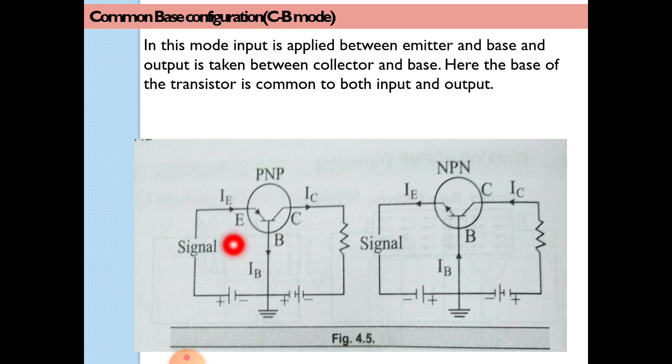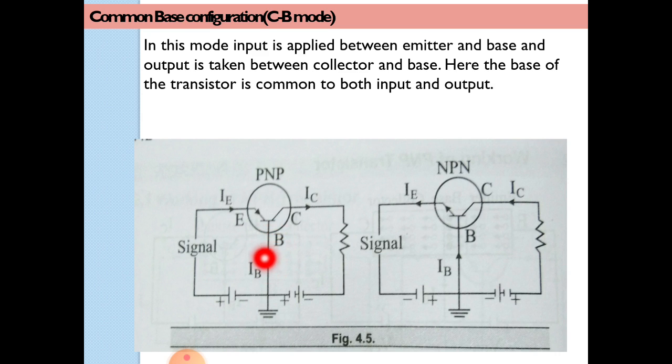Also, in this circuit diagram, the base is common for both input circuit and output circuit. You can see this base terminal is common for the input circuit and output circuit. Hence this base terminal is neutral.